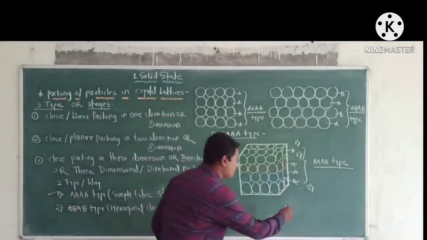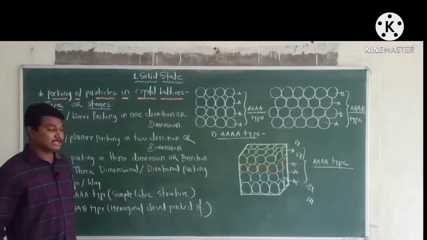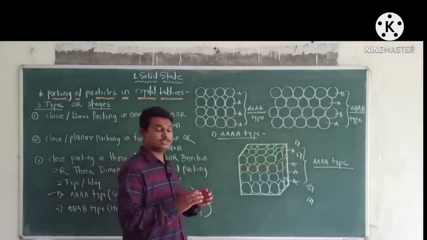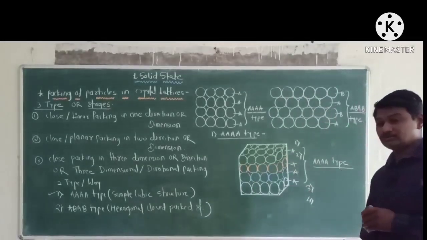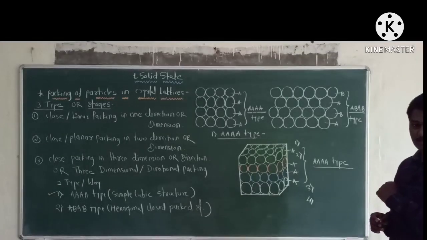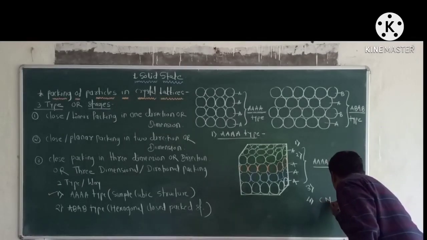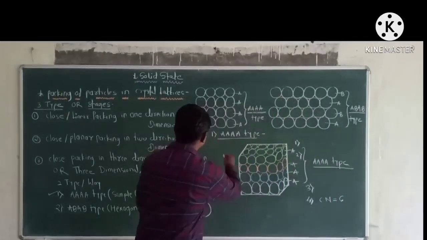And last point, in this packing each constituent particle is in contact with or surrounded by six other constituent particles. Therefore the coordination number of each particle in this packing is 6. See, this is the constituent particle.